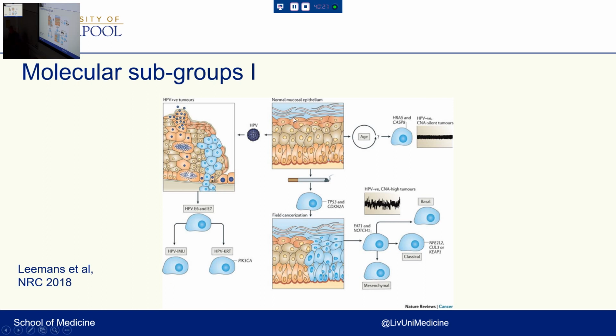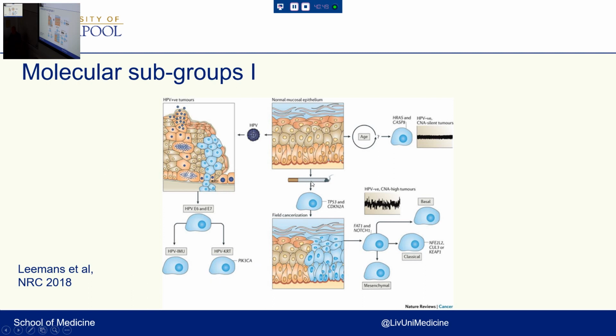Here we are in normal oral mucosa, and there are three main pathways. There's the HPV positive pathway, and biology of HPV E6 and E7, and then the interesting group which have mutated PIK3CA. So that's the HPV-related arm.